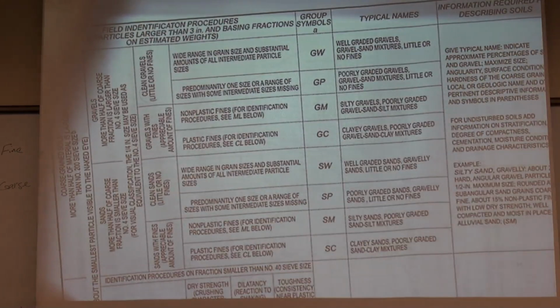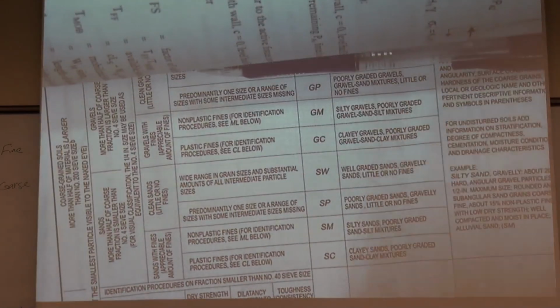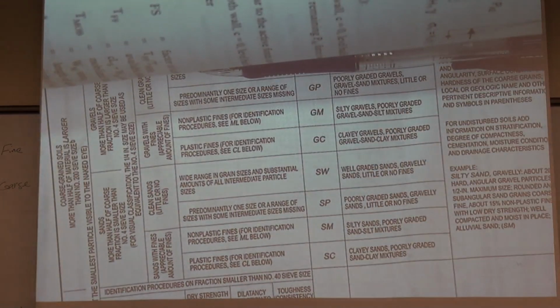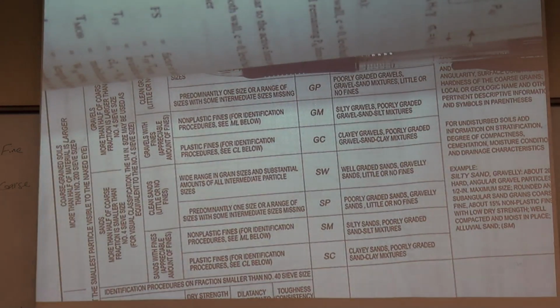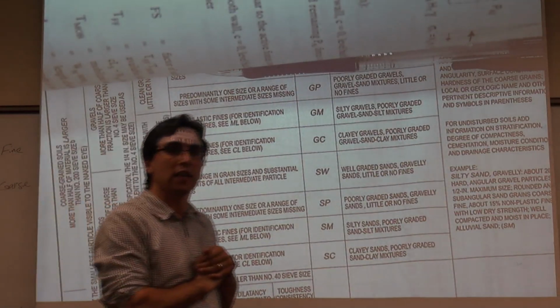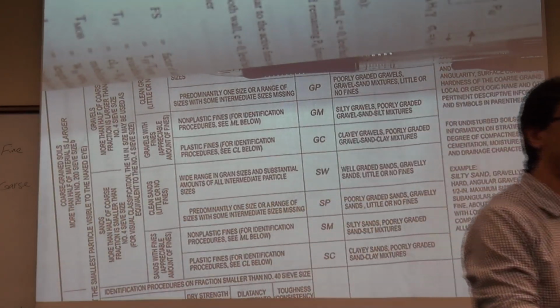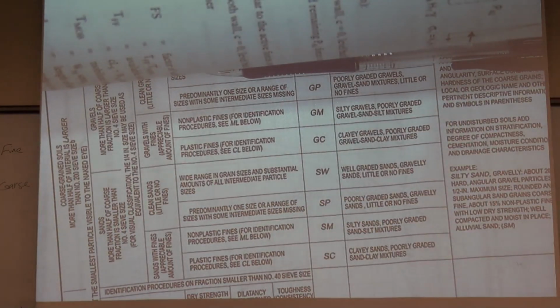Third column, we have to see how much fine we have. The third column asks how much fine you have. How much fine do we have here? 15%. Remember, if you have fines less than 5%, you can simply ignore it and say that it's very low.